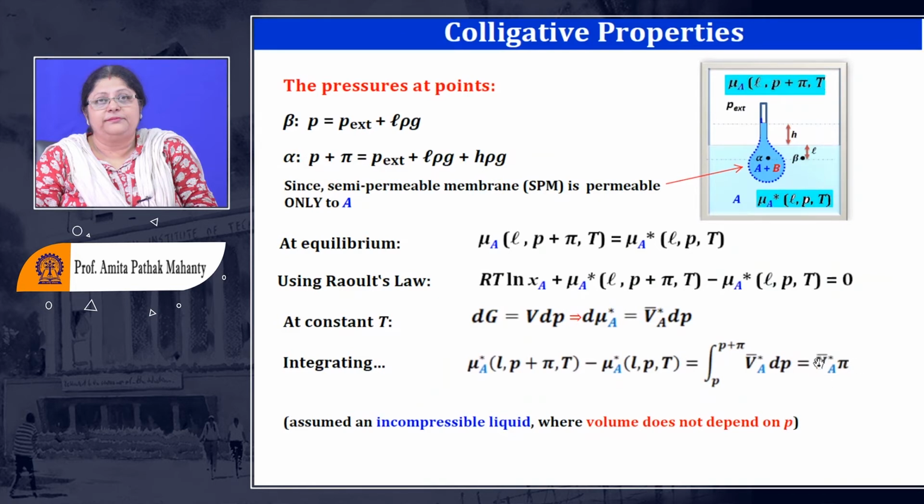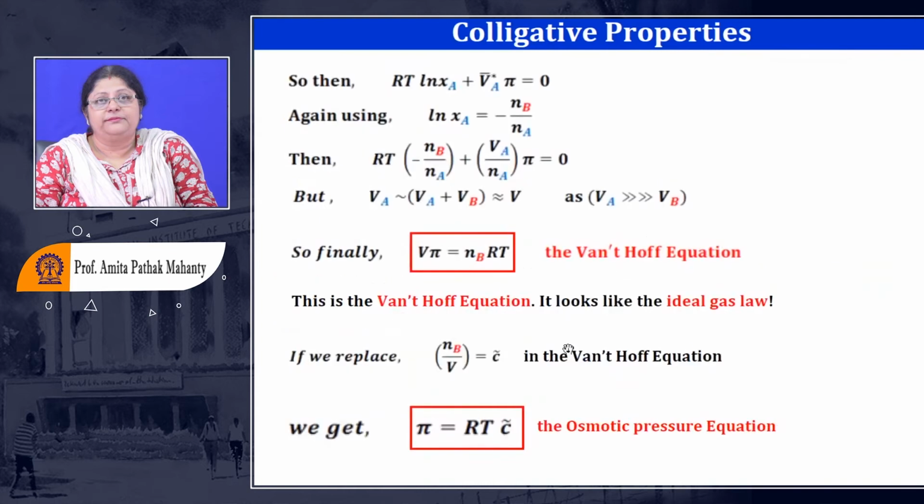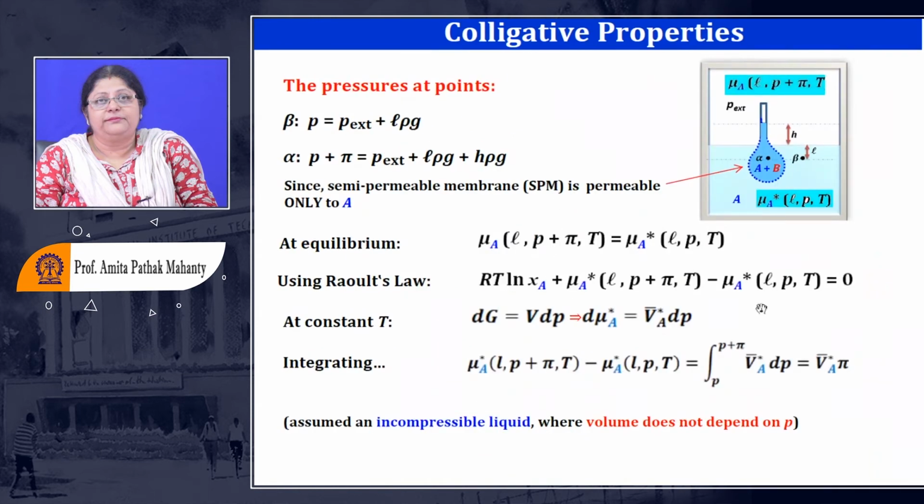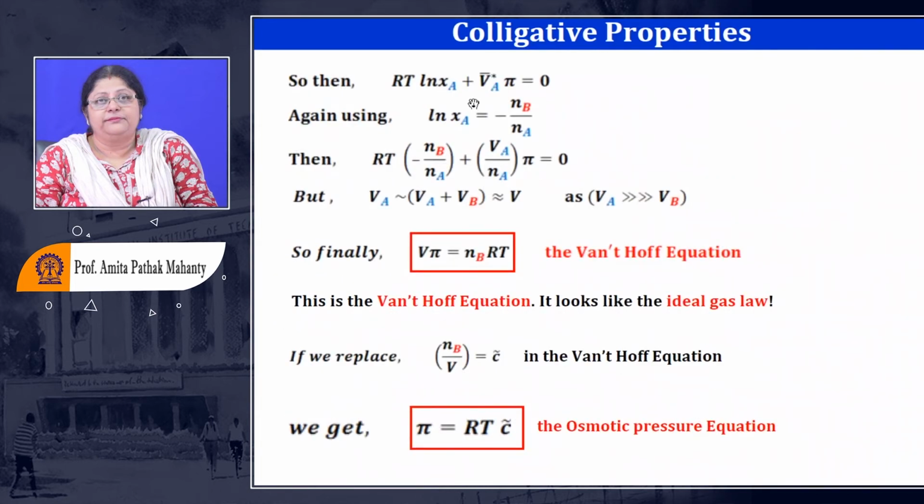Now I can equate that to the RT ln mole fraction of A. This is what we can do from the previous equation. Now I substitute this in place of this. So RT ln mole fraction of A plus the molar volume of A in the pure state into pi equal to 0.